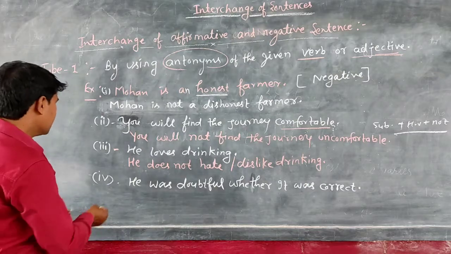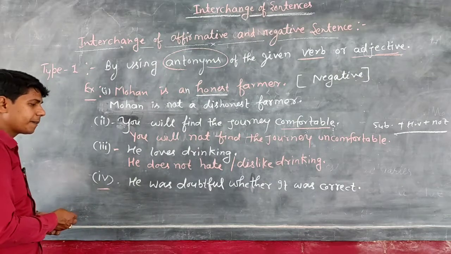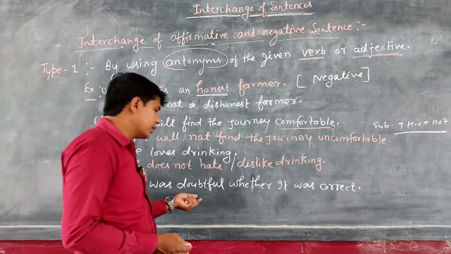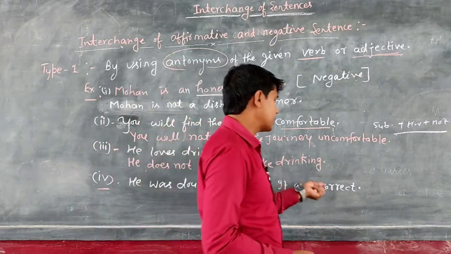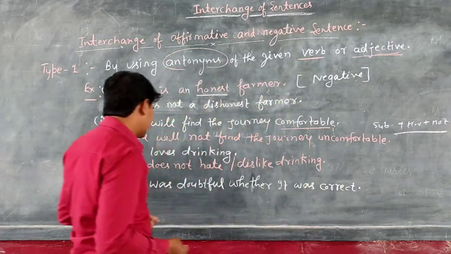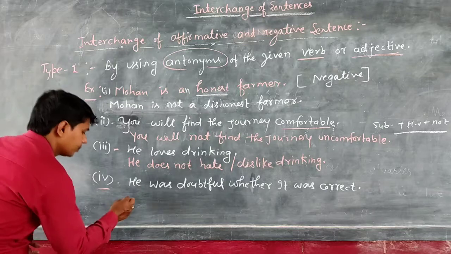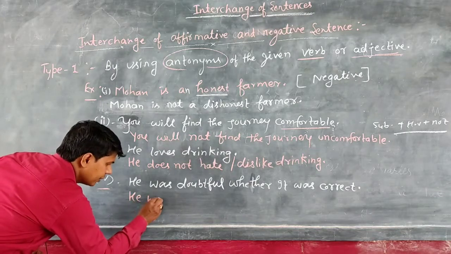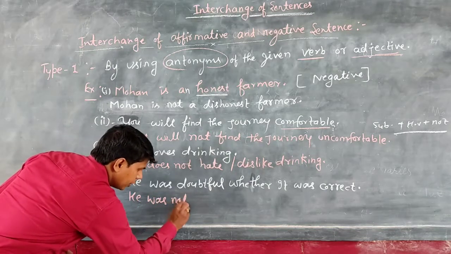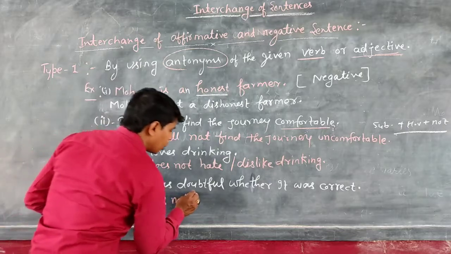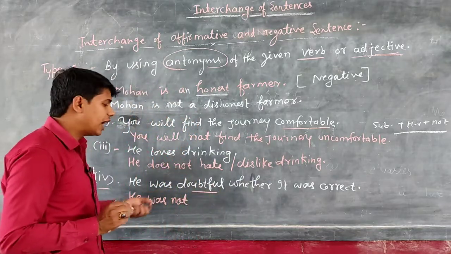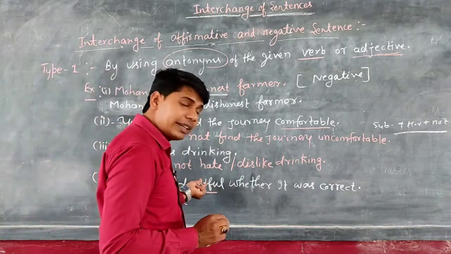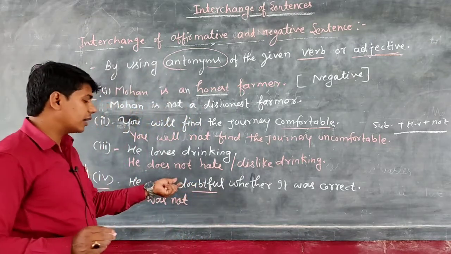Now see one more example: He was doubtful whether it was correct. Now you have to change it into negative. So students, he was not. Doubtful is an adjective and you have to write its antonym. What is the antonym of the word doubtful?